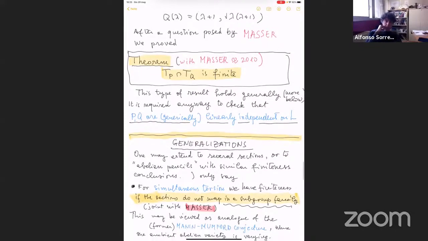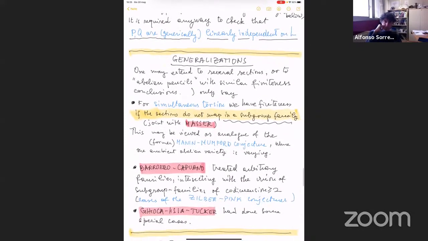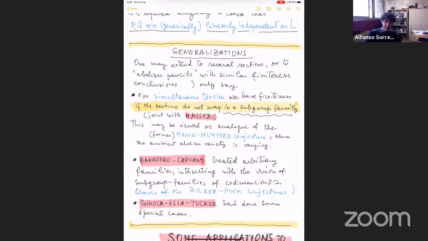And there are even more general results, which extend to several sections, or also to families of abelian varieties, more general than elliptic curves, with similar finiteness conclusions.